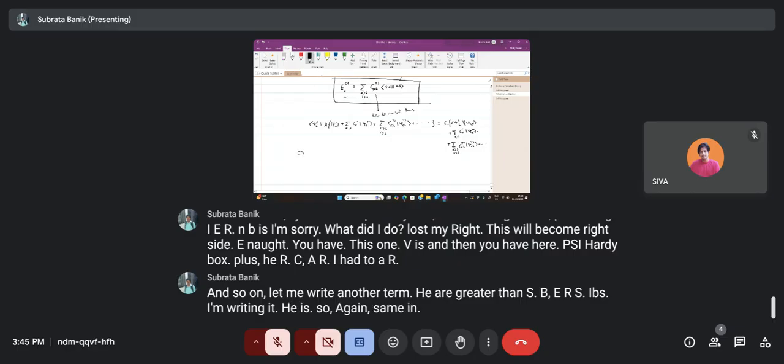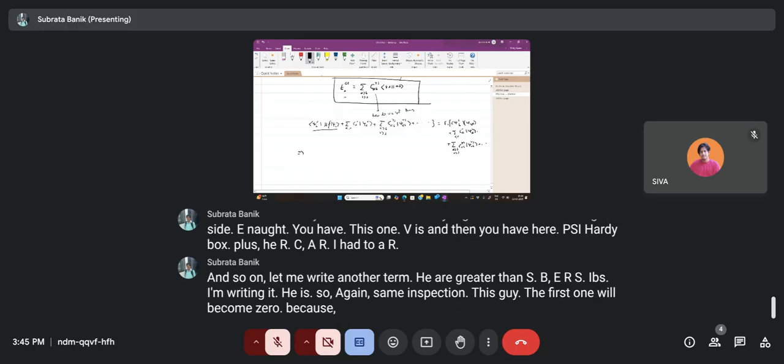Again, same inspection. The first one will become 0 because of Brillouin's theorem, right? So I get 0.